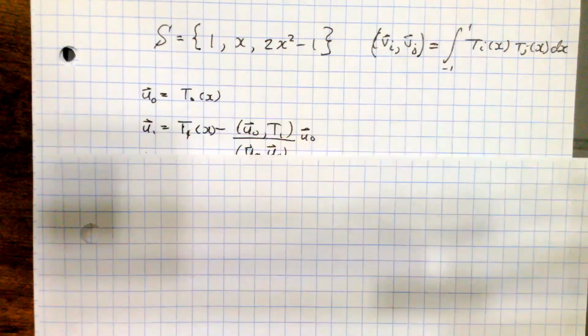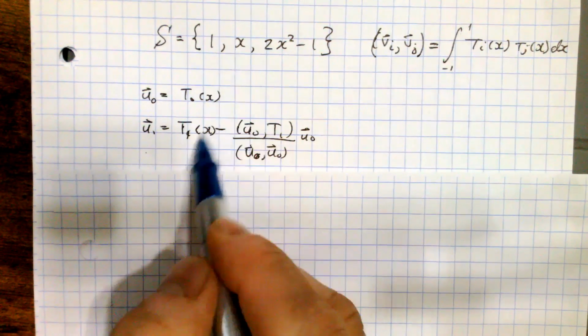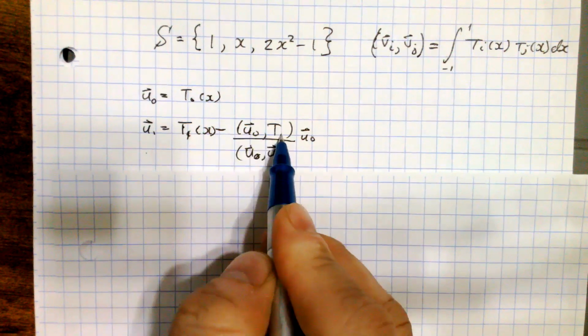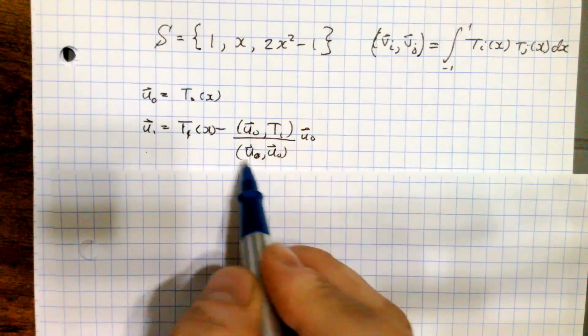Okay. And then likewise, we're going to have U1 equal to our second vector, T1, minus the inner product of U0 and T1 divided by the norm of U0, all over, being that weight, if you will, times the vector U0, and subtracting it out. You should be fairly familiar with this by now.